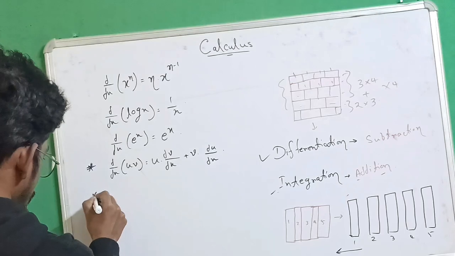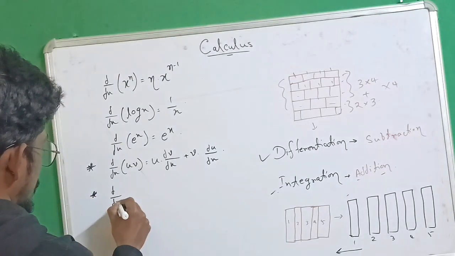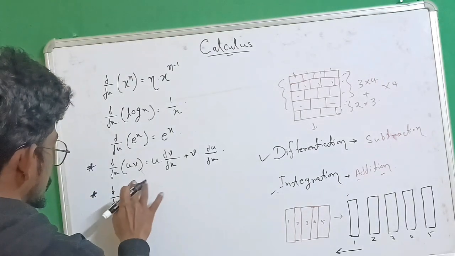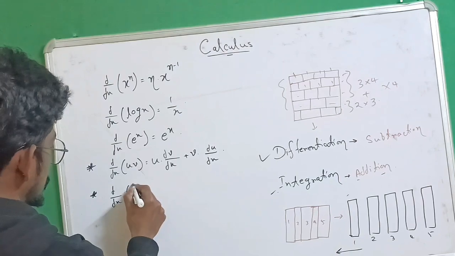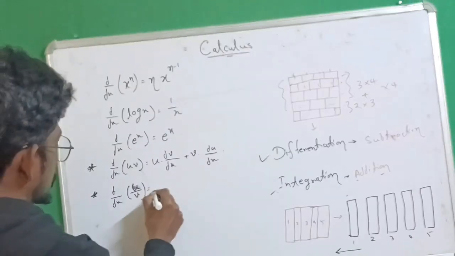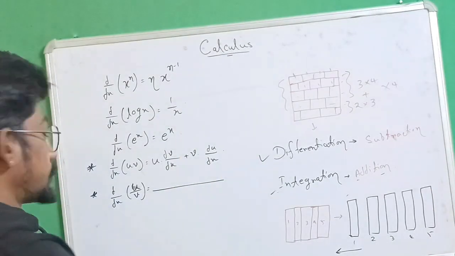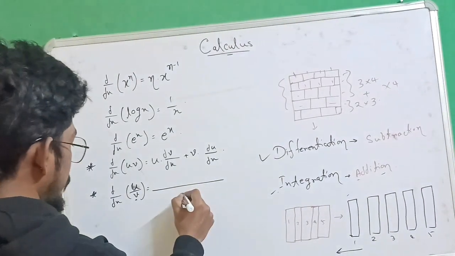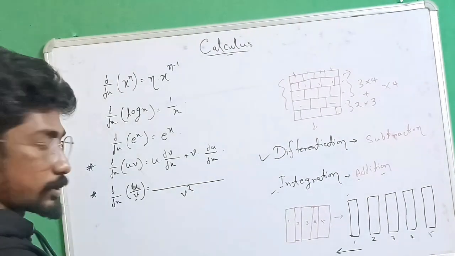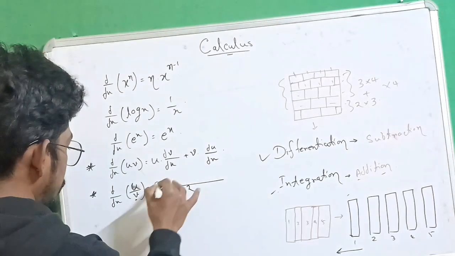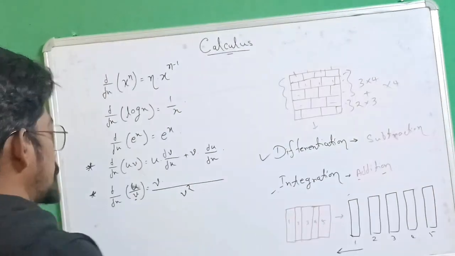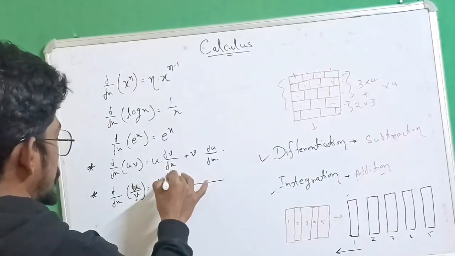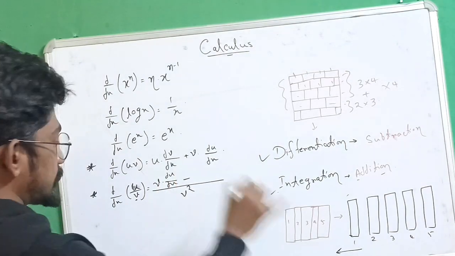Simple. For the quotient rule, first of all, take the denominator and square it. Then take the denominator and differentiate the first number, du by dx, minus, there will be a negative sign.